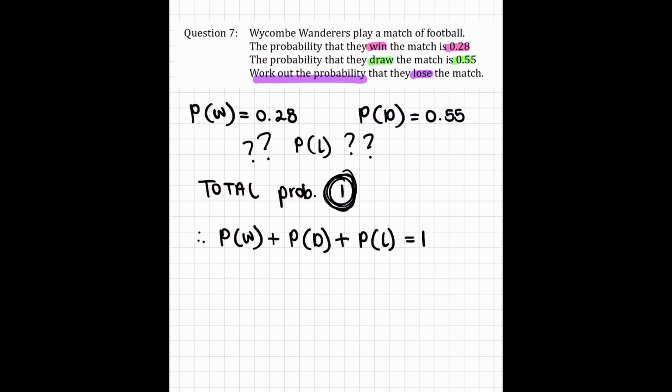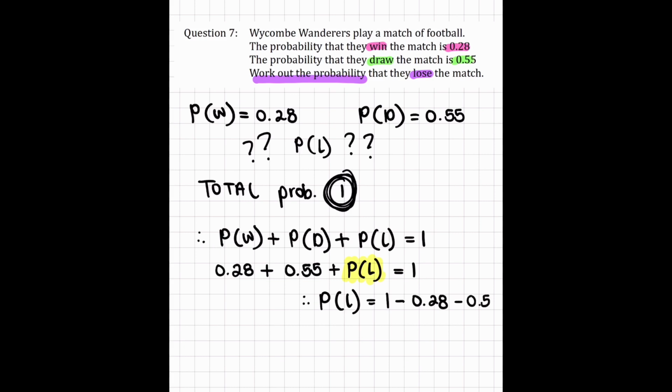So the probability that they win is 0.28 plus the probability that they draw, which is 0.55, plus the probability that they lose the game, which is what we're trying to calculate, and it's just a simple equation, is going to total 1. So that means that the probability of them losing will equal 1 minus 0.28 minus 0.55, which gives us a probability of them losing being 0.17.